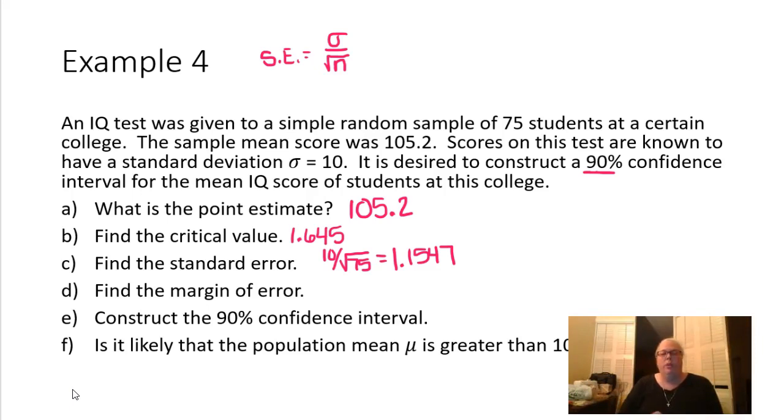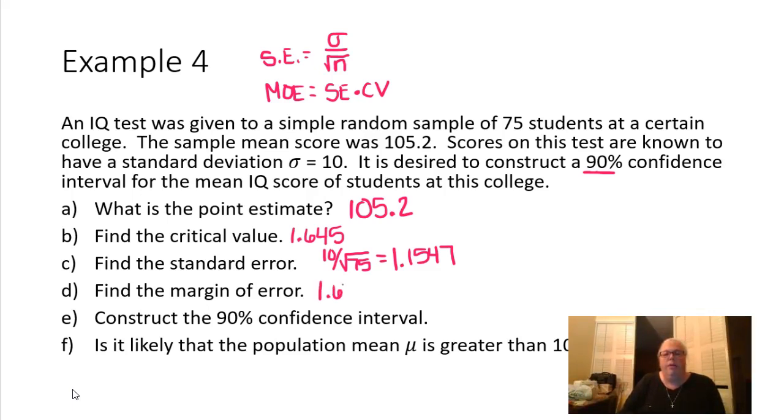All right, part D, we're looking for the margin of error. Now, we already said the formula for the margin of error, or ME, was just to take our standard error and multiply it by the critical value. Now, our standard error we just found, here it is, 1.1547. And the critical value came out of table A3, that's the 1.645.